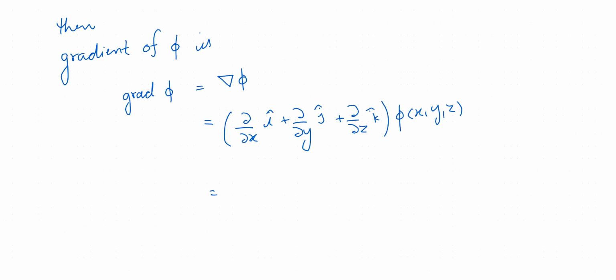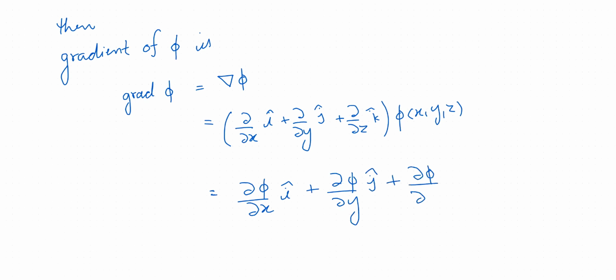All right. So we will partially differentiate this function as del phi over del x into i cap plus del phi over del y into j cap plus del phi over del z into k cap.